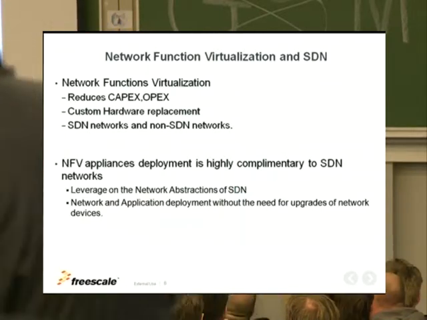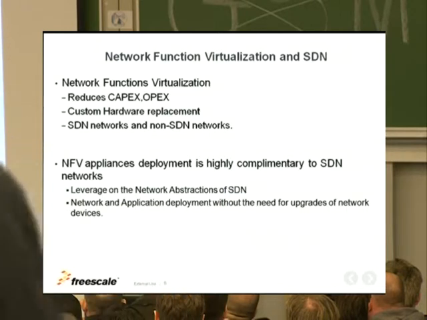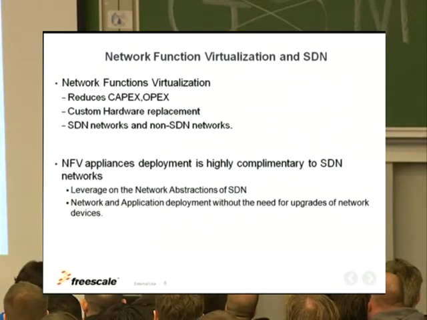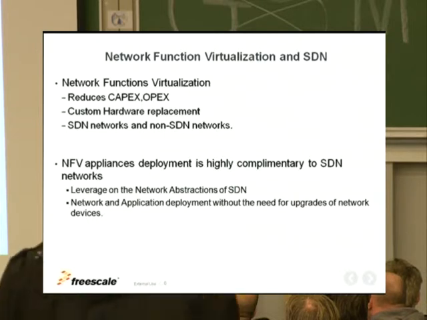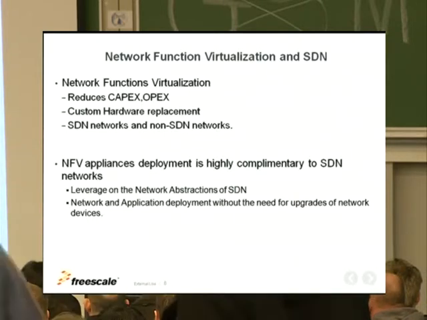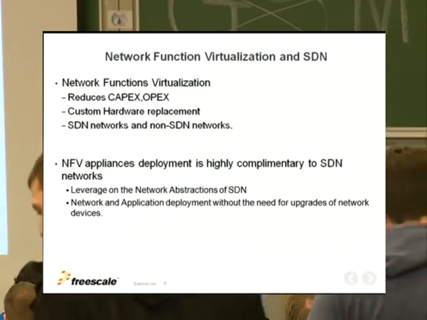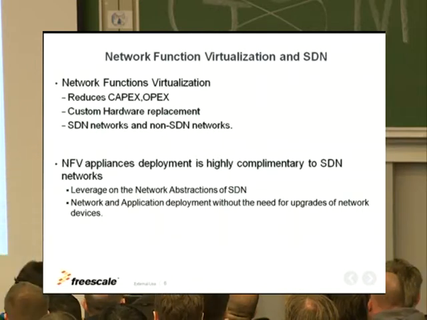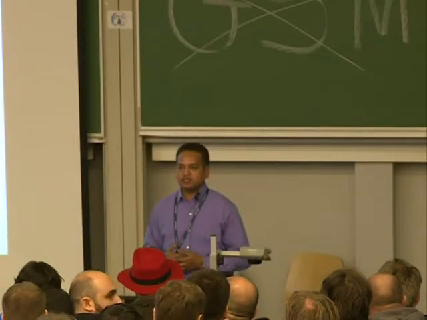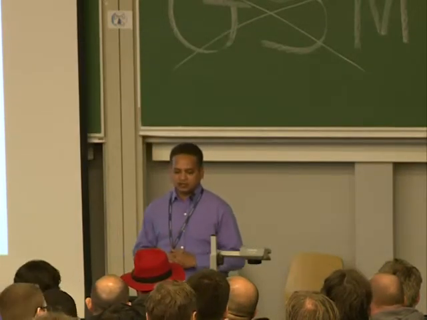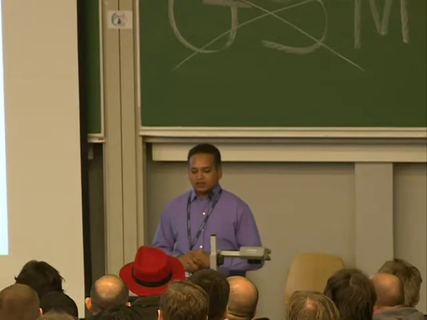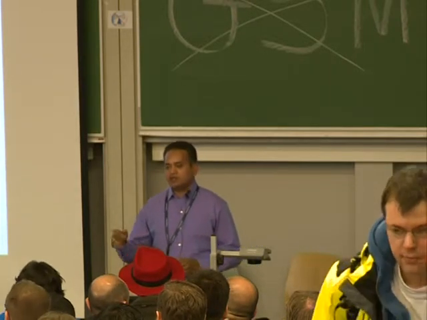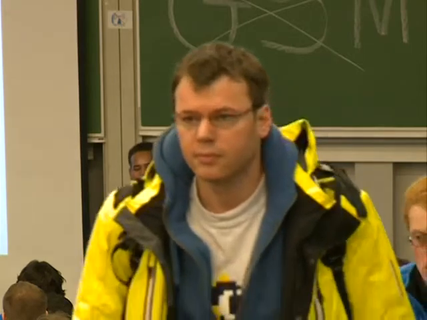And NFV appliance deployment is very much complementary to SDN networks, because the SDN networks give the flexibility of network abstraction, where we can use this network abstraction to deploy these NFVs, and these two technologies complement each other. So the network and application deployment without the need for upgrades of network devices.